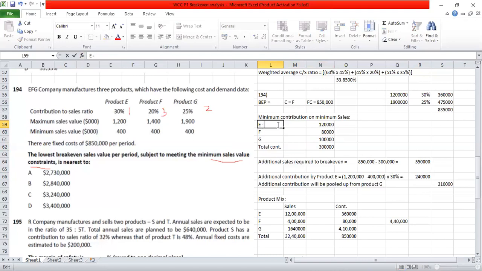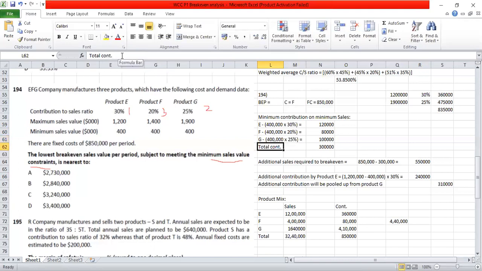If there is a minimum sales requirement, see the contribution which is earned from the minimum sales. The minimum sales are 400,000. Maybe for E the contribution margin is 30%. Then for F it is 20%, and G it is 25%.